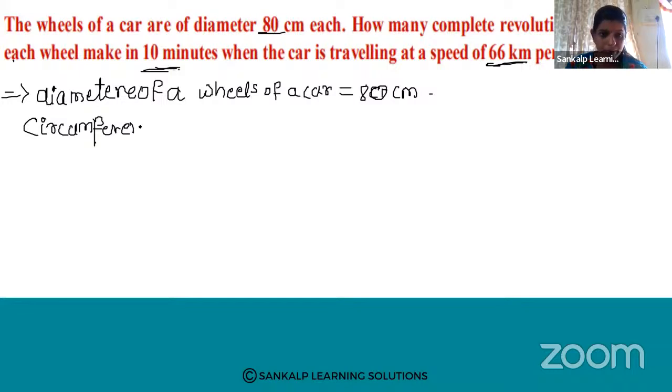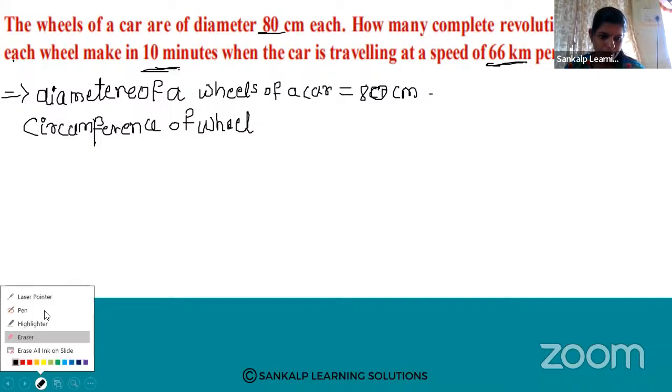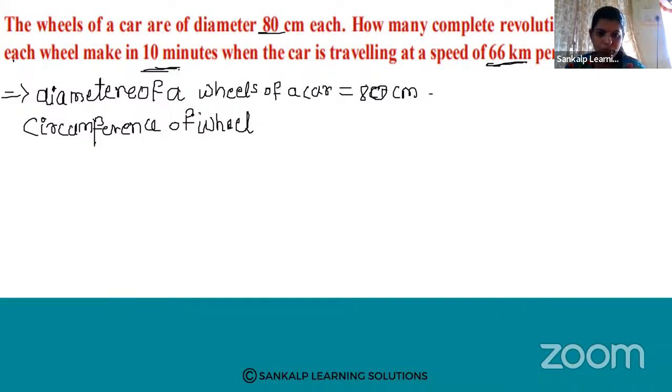So the circumference of the wheel is 2 pi r. That is C is equal to 2 pi r.